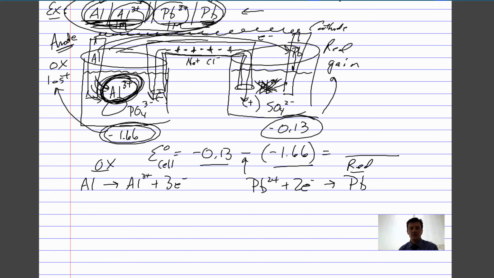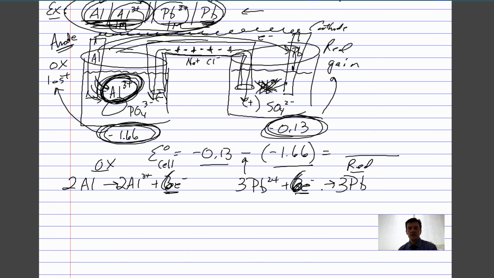If I was to try to combine these and write the overall redox reaction, I'd have to make sure that elements are balanced, which they all are, and that charges are balanced, which they are in the half reactions, and then I have to make sure I conserve electrons. I have 3 lost, 2 gained. Can't happen. So I have to take all of this times 2 and all of this times 3.